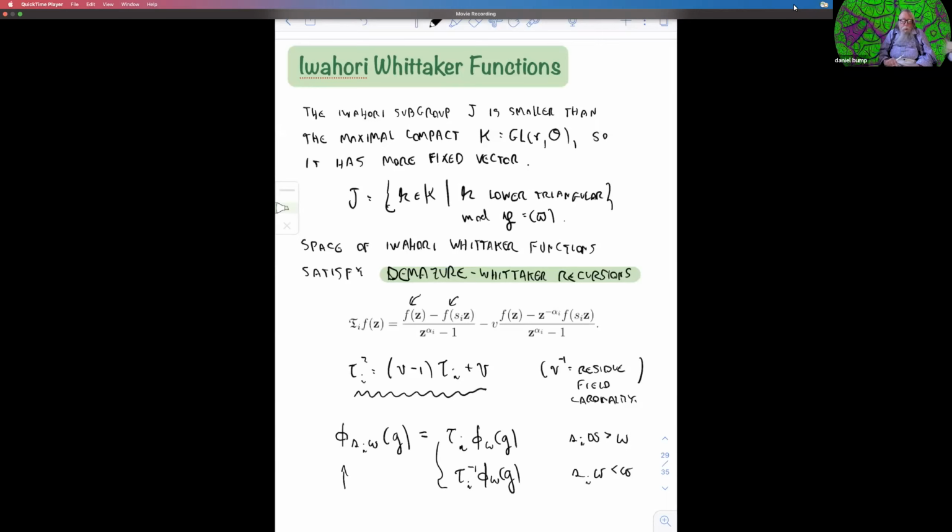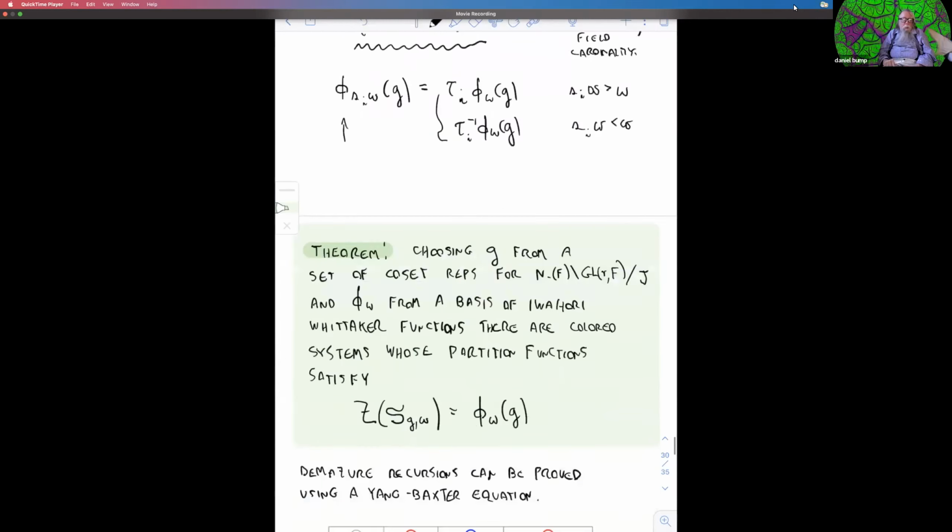Now, the punchline is that these correspond to the Yang-Baxter equation. So the information that you get out of the Yang-Baxter equation is that these partition functions also satisfy these Whittaker recursions, and that is how we're able to prove the theorem.